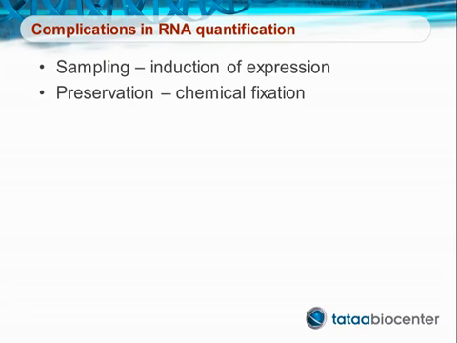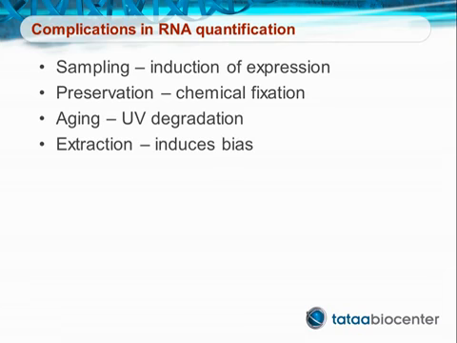When samples are preserved for later analysis, the mode of preservation may compromise the quality of the RNA, introducing bias. Old samples may have compromised RNA due to degradation. RNAs, particularly different types of RNAs, extract in different yields, which may complicate comparison.